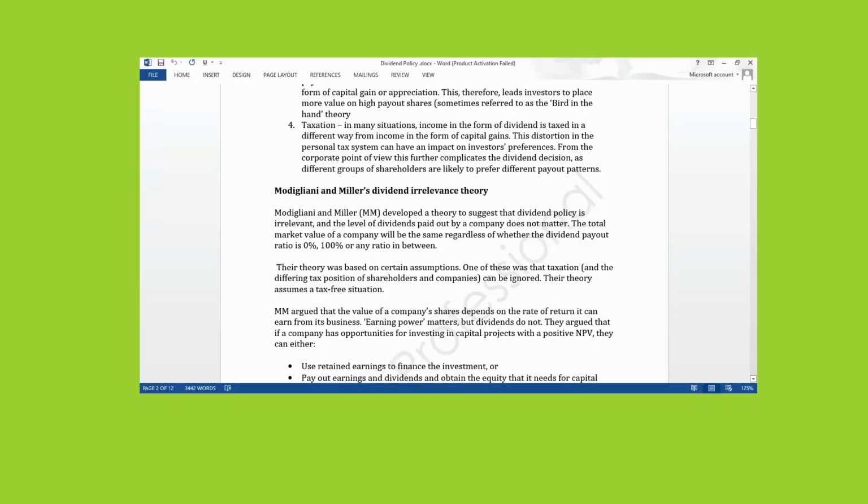This theory was developed upon certain assumptions.